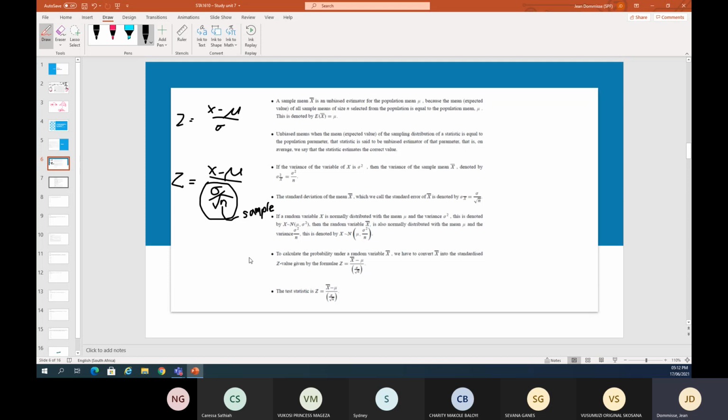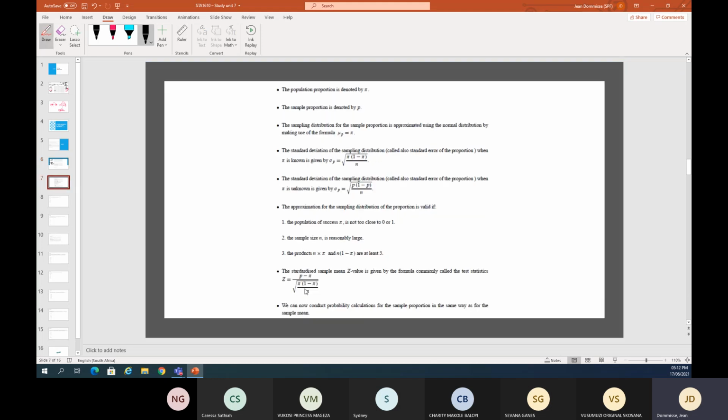The other thing introduced in this study unit is when we look at proportions. If we look at proportions, we have another formula that we are going to work with. It is nearly the same as X minus the mean.